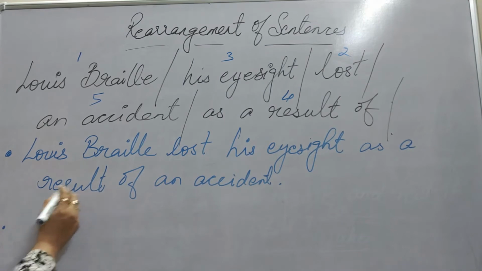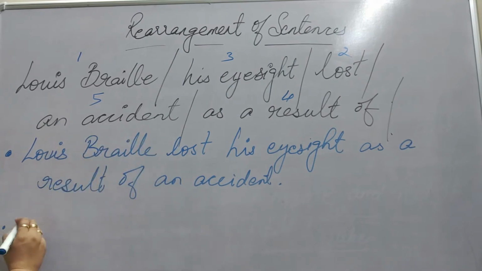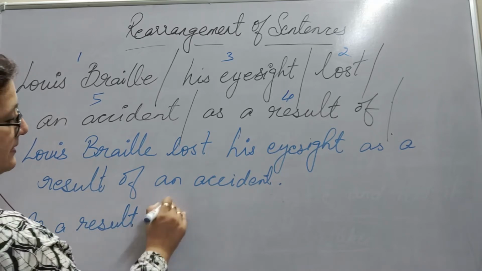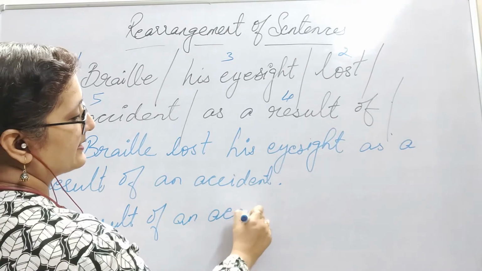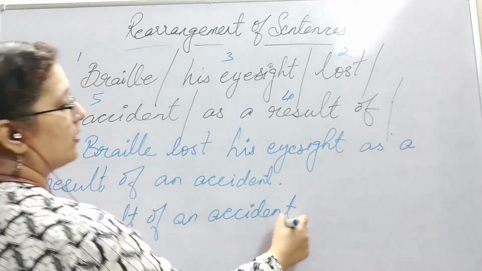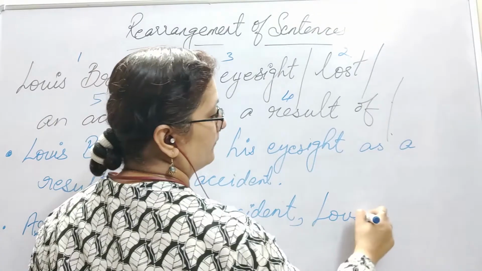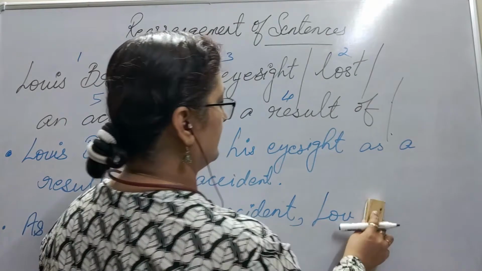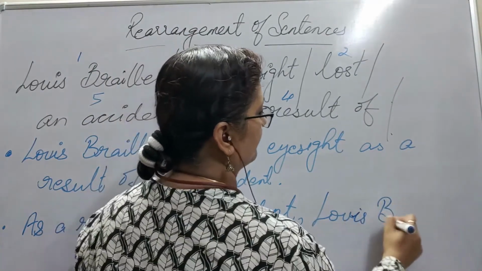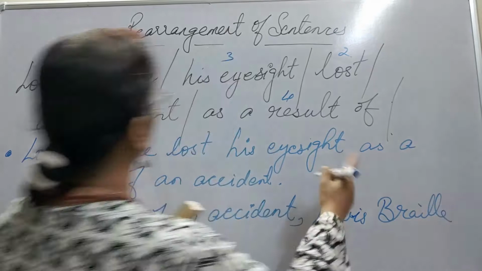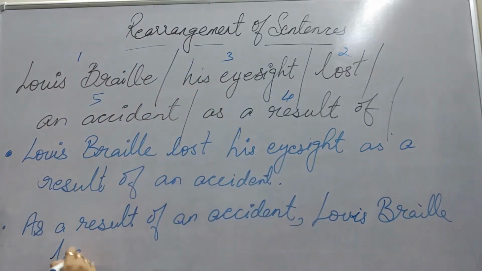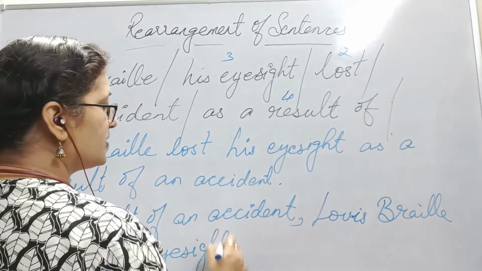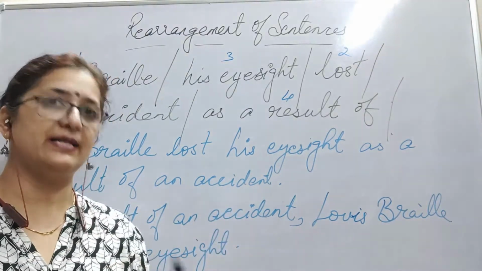We can begin with the last phrase: As a result of an accident, comma, Louis Braille lost his eyesight. What matters is that we have to be grammatically correct.